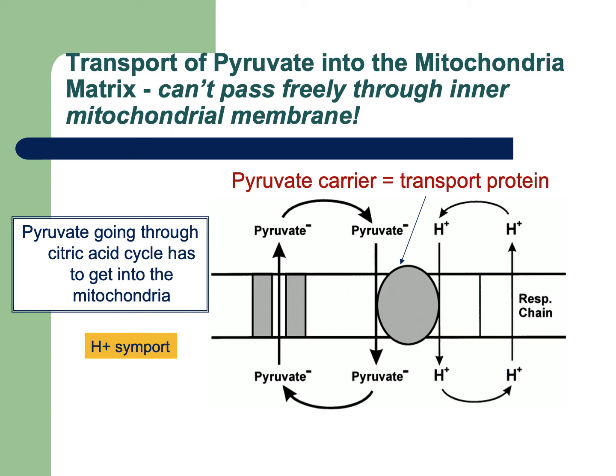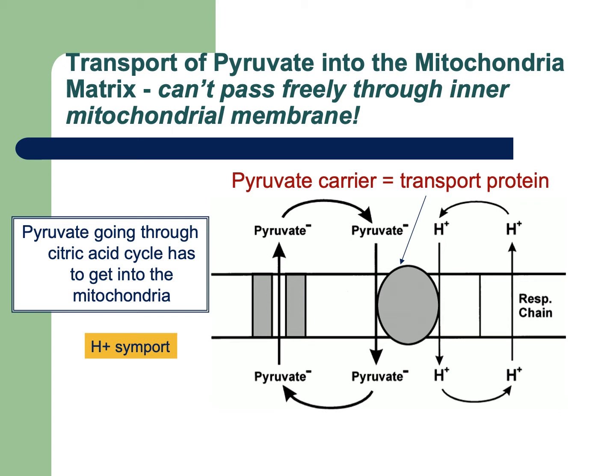Pyruvate is polar, and the inner mitochondrial membrane is almost resistant to anything, because we don't want things getting into the mitochondria and ruining the energy production of the cell. So as such, pyruvate needs a transport carrier, and its transport carrier is a symport with hydrogen ions.